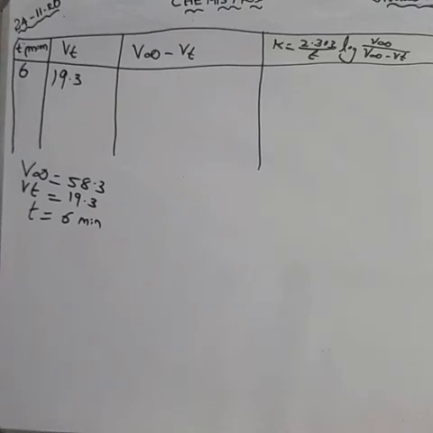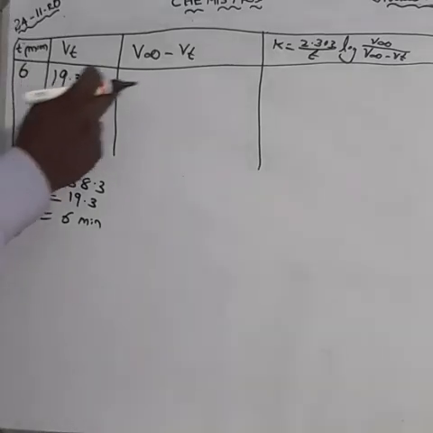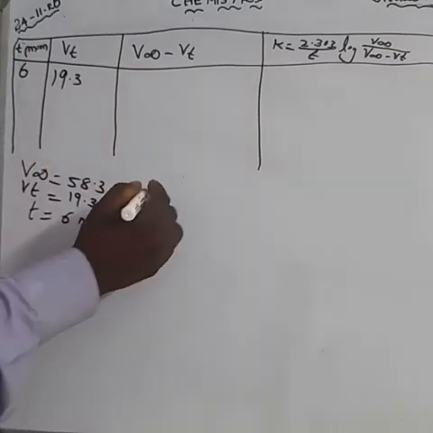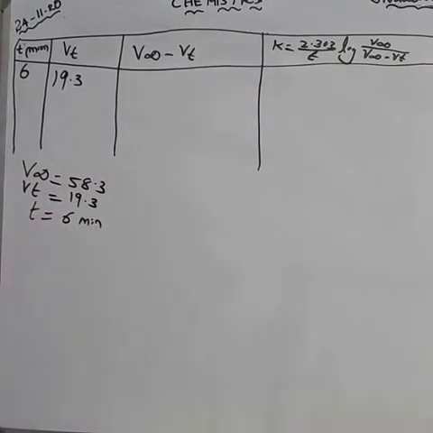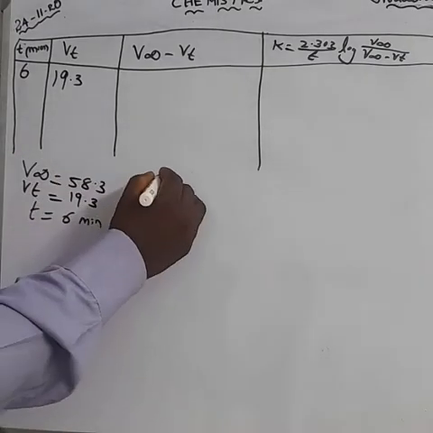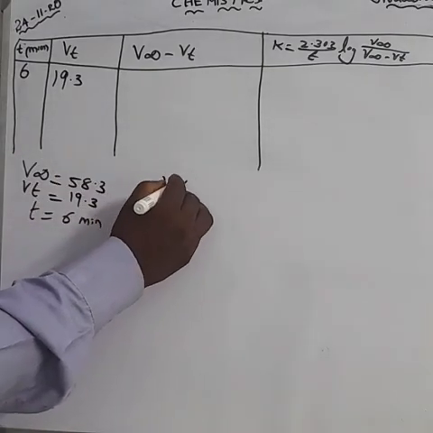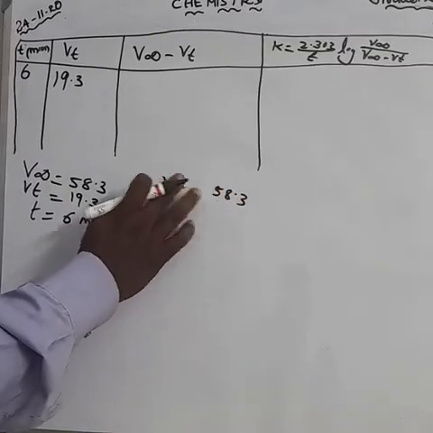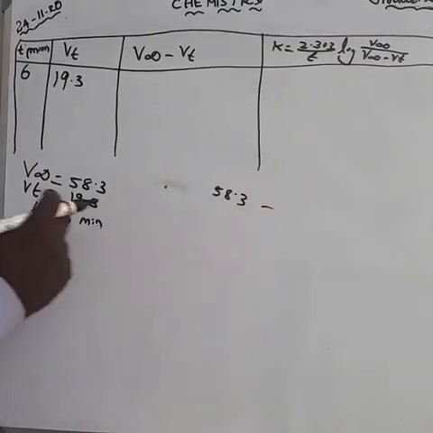So this will calculate the value of K. First we should find V infinity minus Vt. V infinity value is 58.3.